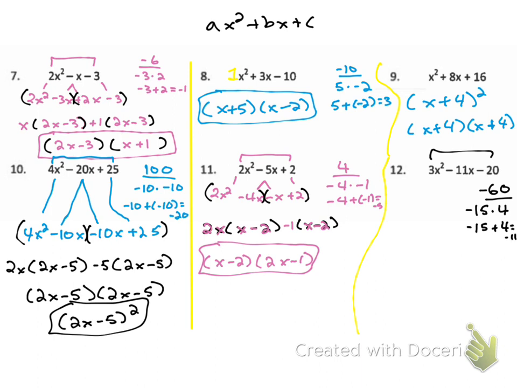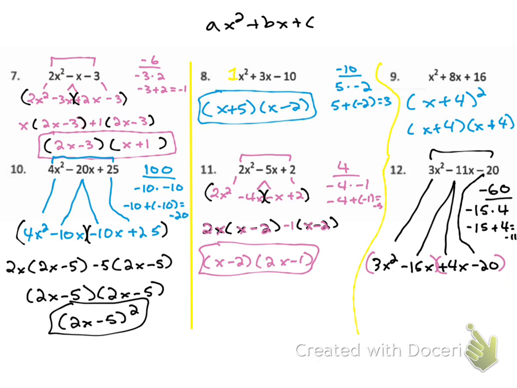All right, so I'm going to split that middle term. Negative 15x, 4x, down my negative 20, down my 3x squared. I have 4 terms here, so I'm going to factor by grouping.